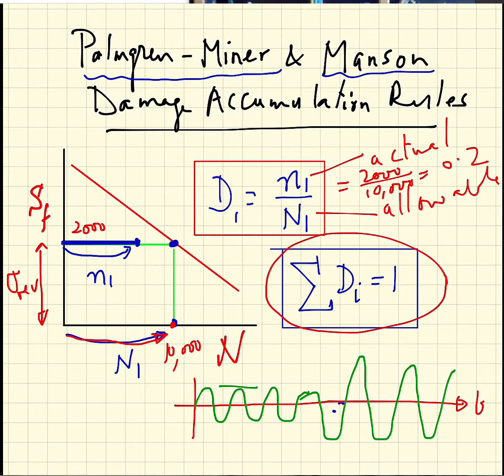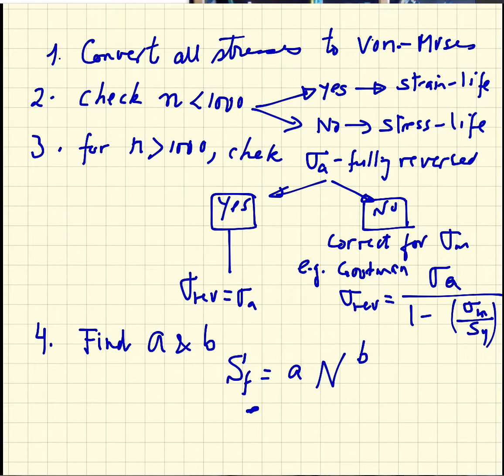So this is for sigma amplitude 1, and this is sigma amplitude 2, and therefore you find the damage D1 that corresponds to sigma amplitude 1, and the damage D2 that corresponds to sigma amplitude 2, and so forth, to get the total accumulated damage.